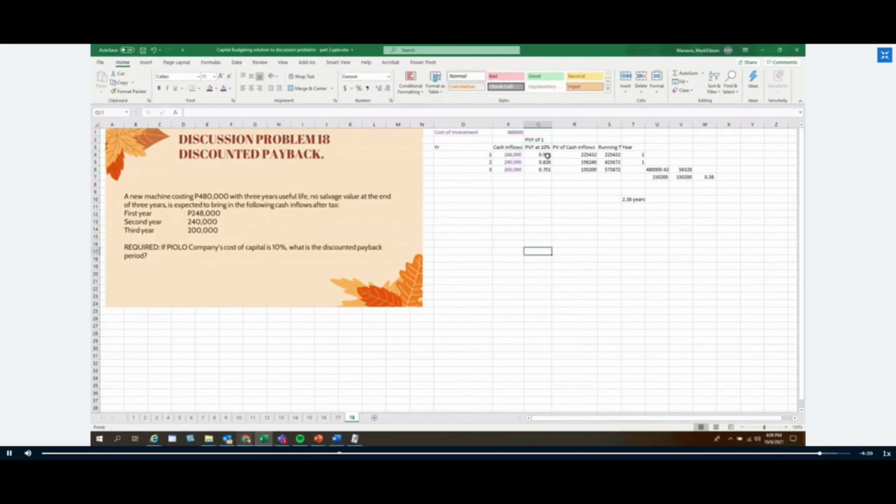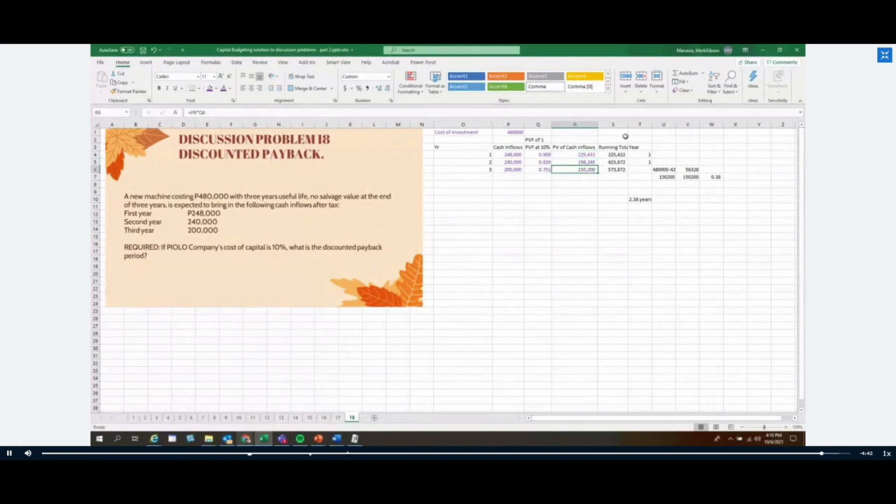So take the present value factor again and multiply the two. So that's 225,000, 432, 198,240, 150,200.